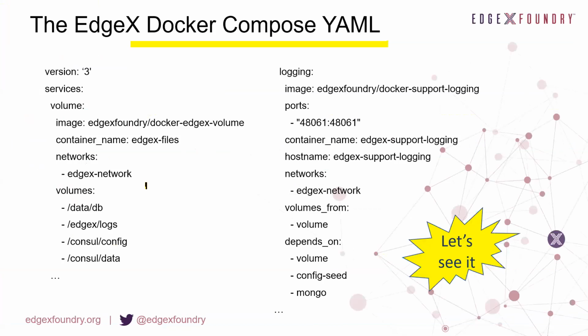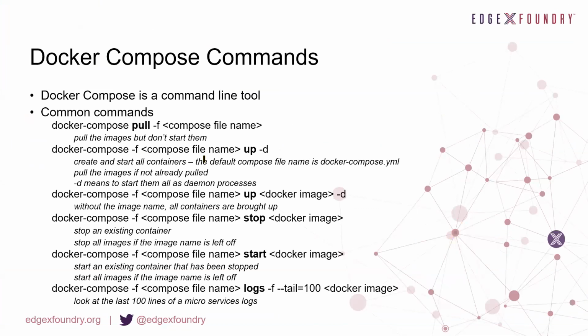Okay, now back to getting EdgeX up and running. So now we have an understanding of what Docker does and what Docker Compose does. We understand that there's this Docker Compose file that specifies what we need to get, download, and pull in a manifest file to get EdgeX up and running. How do we do that?